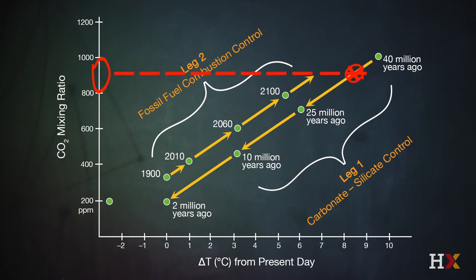And to think that it took 40 million years to go from the Eocene to 2 million years ago, and it's taking just a little over 100 years to go all the way back up that curve in CO2 temperature space, is a shocking reminder at how quickly the onset of climate change induced by the combustion of fossil fuels is upon us.